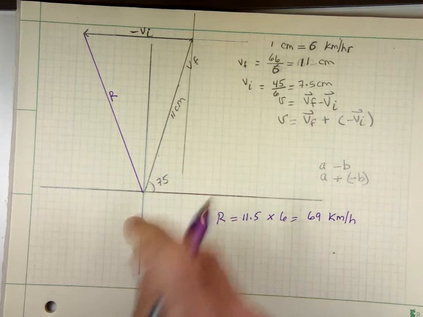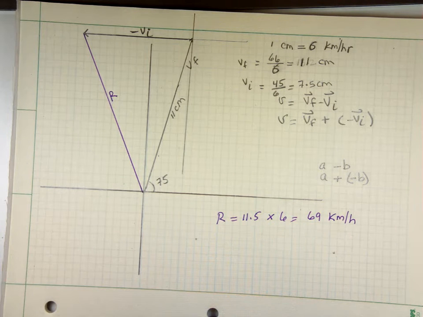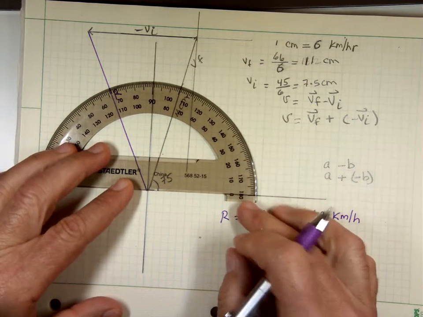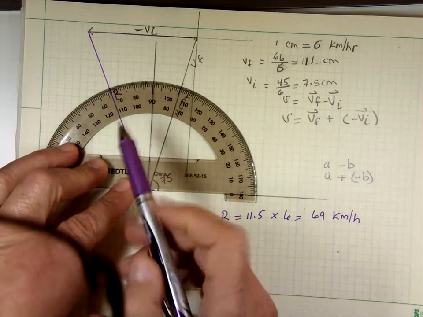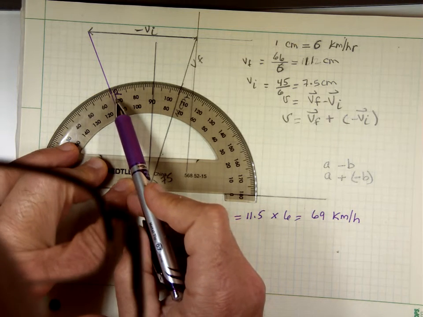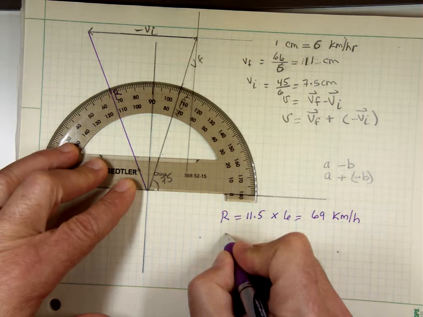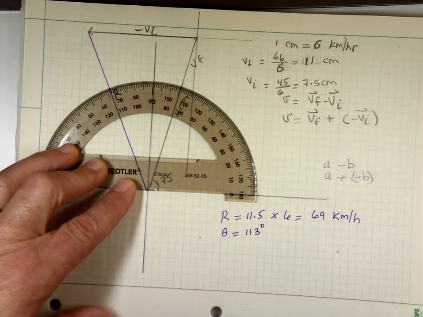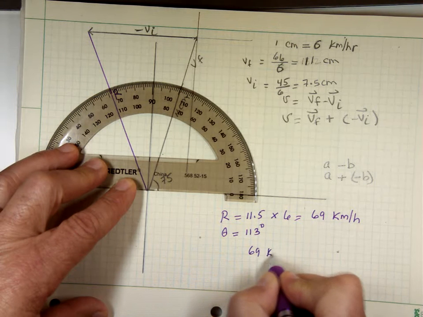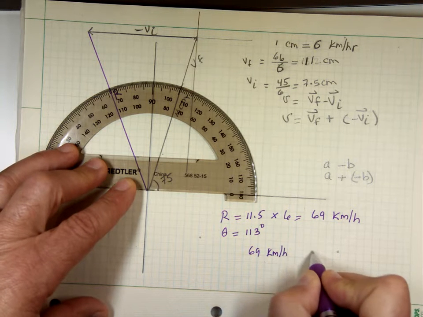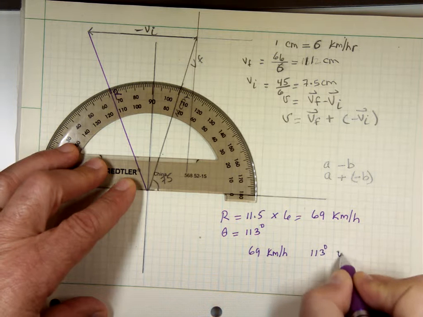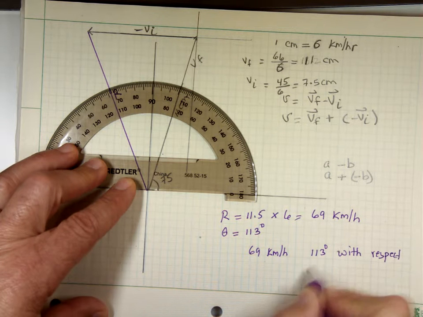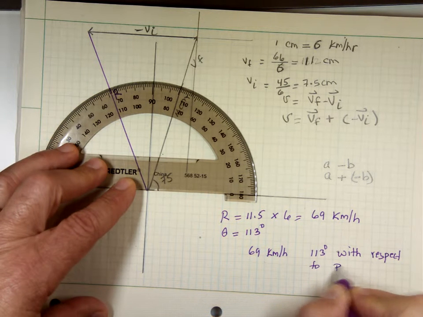And the direction of it, if you measure from the positive x-axis, where's my protractor? What does that direction roughly read to you? 110, maybe 113? So it's 69 kilometers per hour, 113 degrees with respect to the positive x-axis.